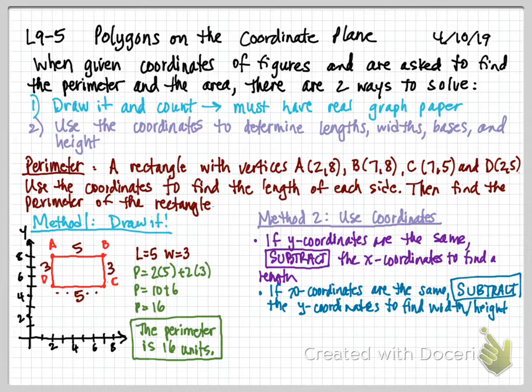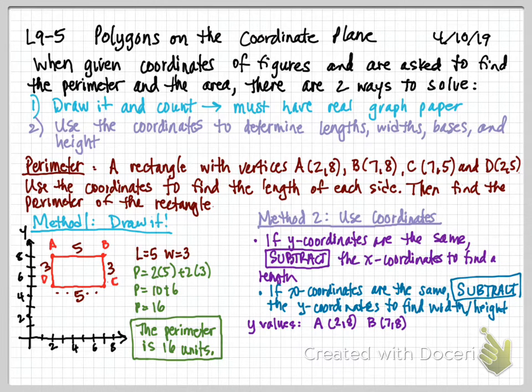So let's look at the y's. The two guys that had the same y value were A and B. A was at 2, 8. B is at 7, 8.